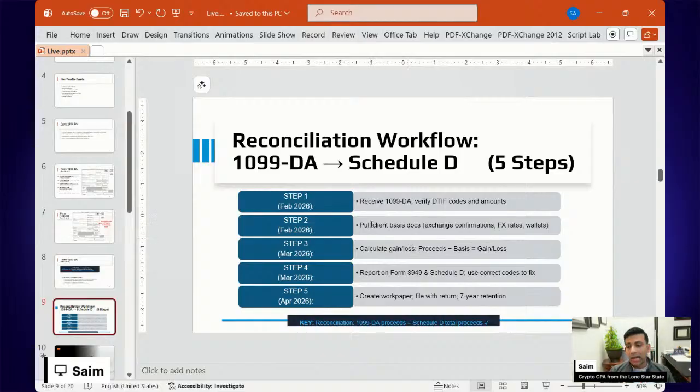If I was to make a best guess, for tax year 2025, for which the taxes are due in April 2026, the IRS is expecting a lot of adjustment codes. So make sure you're putting the right adjustment code.